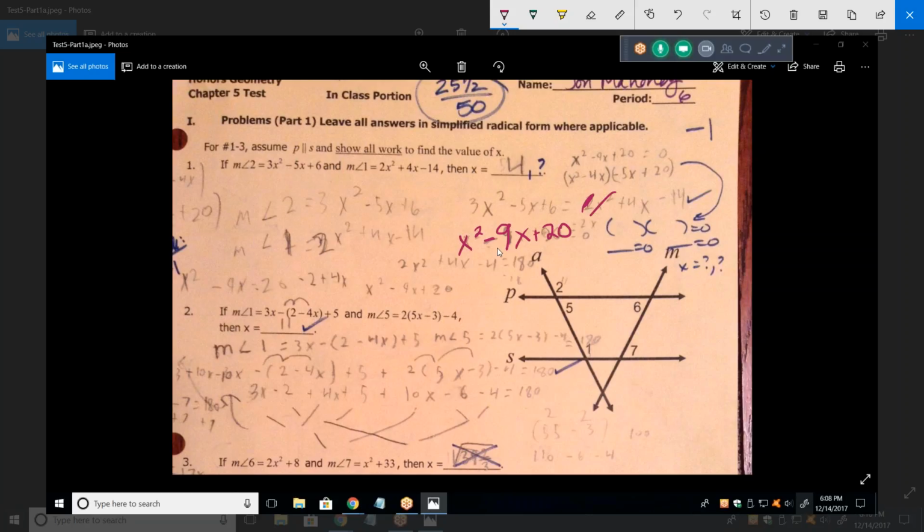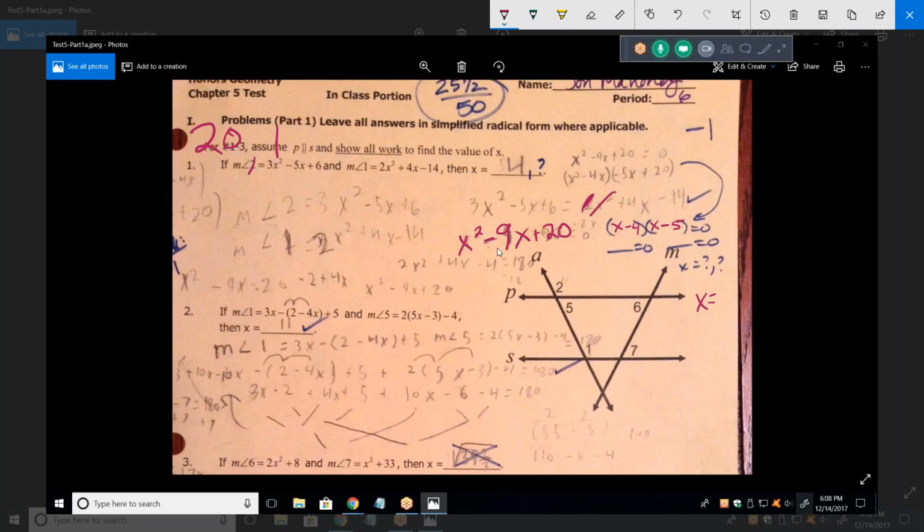Now, can that be factored? Give me factors of 20. 4 and 5. Good. So factor that. Negative 4 times negative 5 would equal 20, and negative 4 plus negative 5 equals negative 9. So that's the answer.